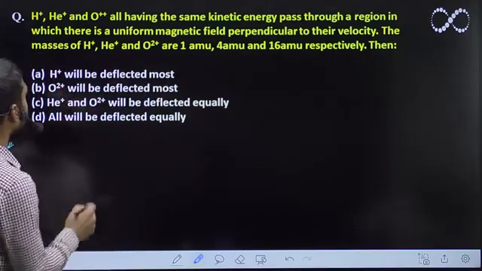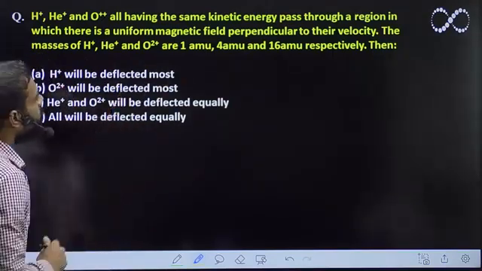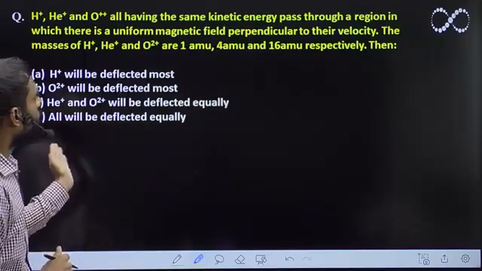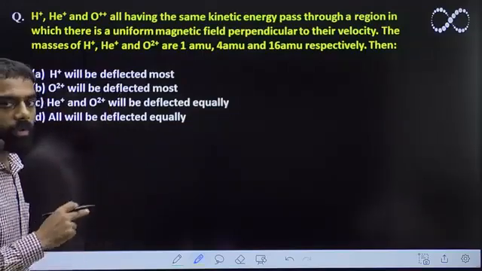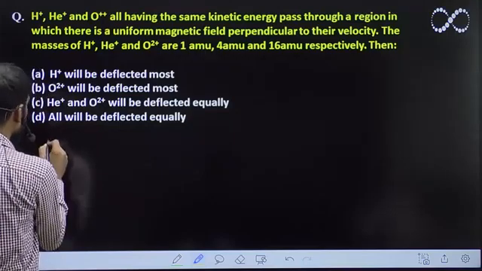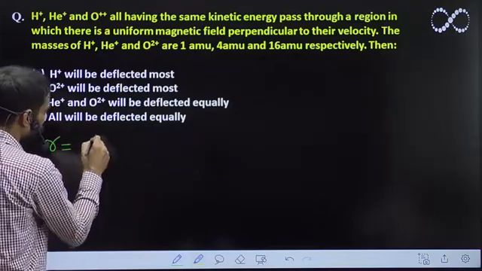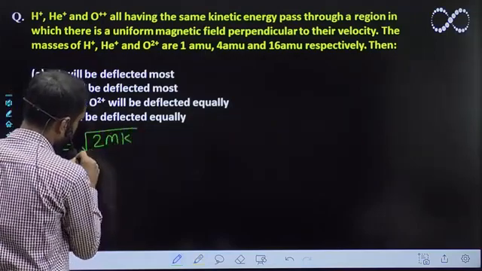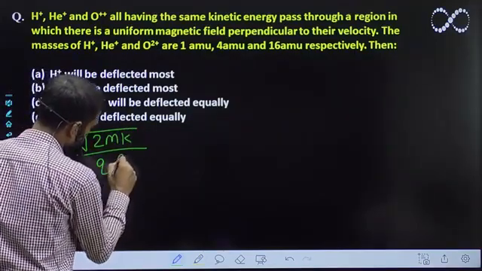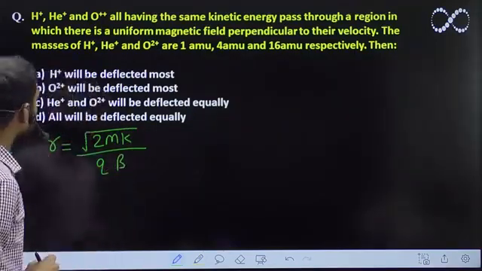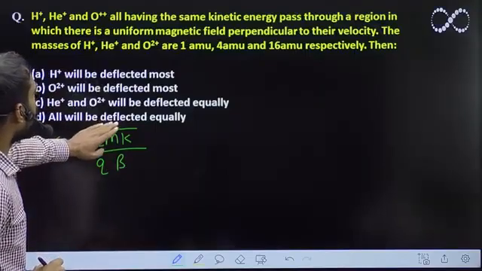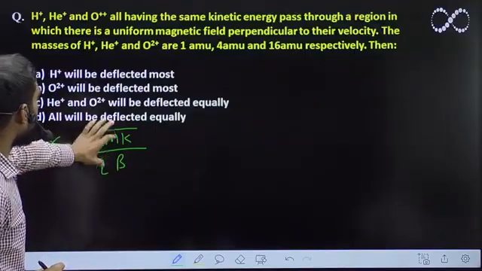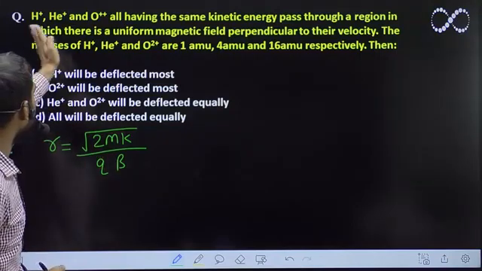So let us see. Since it is passing perpendicular to the uniform magnetic field, all will be in circular motion and the radius will be given as, as you all know, root 2mK upon qB. The kinetic energy of all is the same, and the magnetic field is also the same for all three charges.